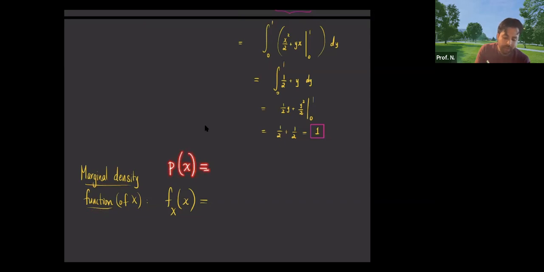If I want to know this, what would I have to do? I would have to fix the X and range through the Y, right? I would have to sum up all the probabilities as the Y values change, but keep the X value fixed.